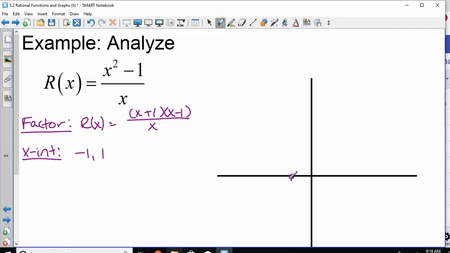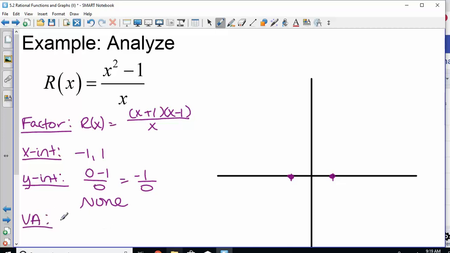Does everybody understand that? That's why it's really nice when the top is factored. You can get those out really quickly. Y-intercept, if you plug in a 0 for x, I'll just go back to the original and put that in. I get -1 over 0, so what does that tell me? None.